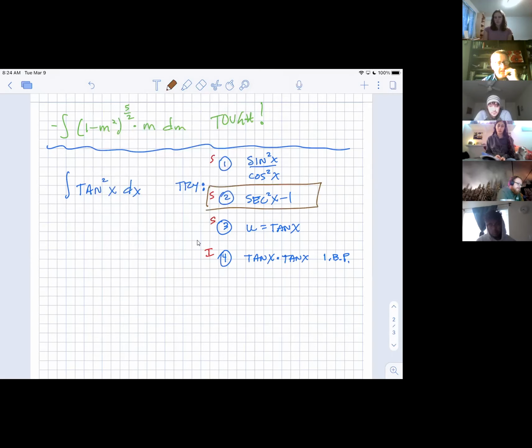Well, because isn't the derivative of tangent x secant squared x? Yeah. The derivative of tangent was secant squared. So if you are lucky enough to write that one, and again, your gut reaction to that should have been that's worse, because at least tangent is SOHCAHTOA and secant is not.